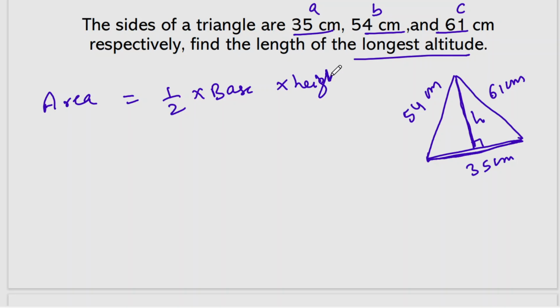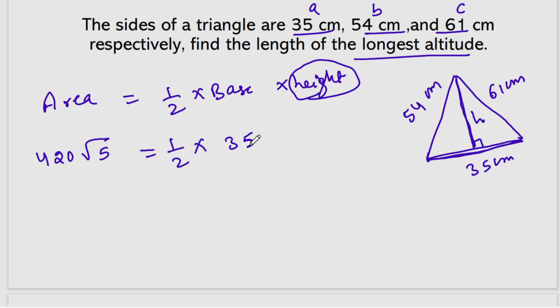Now we are interested in finding this height only. We got the area as 420 root 5, and half, base we know is 35, and the height we are interested to find.